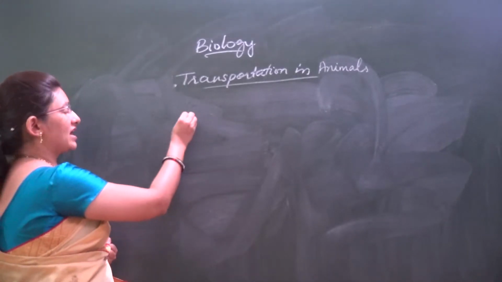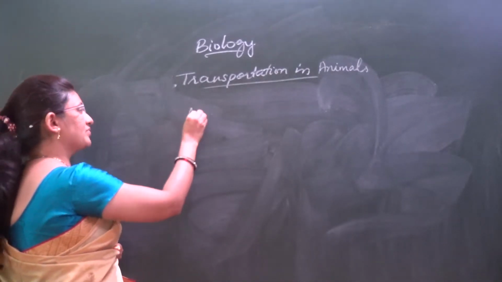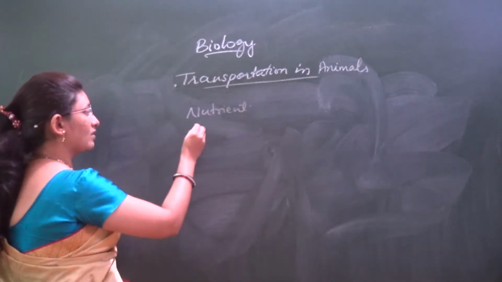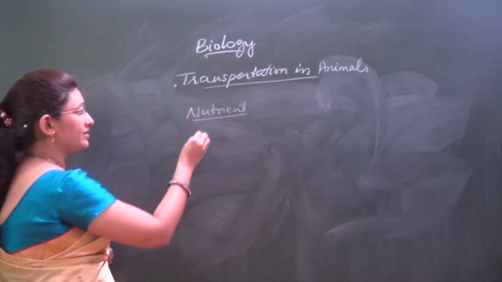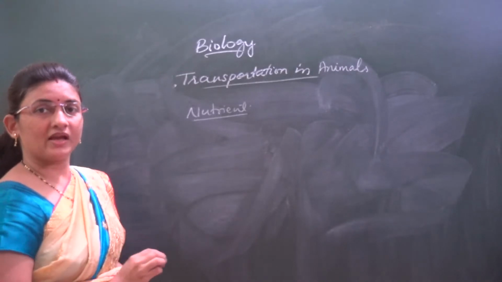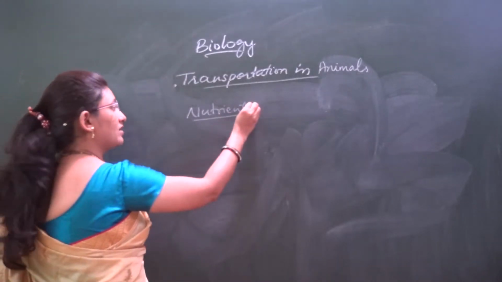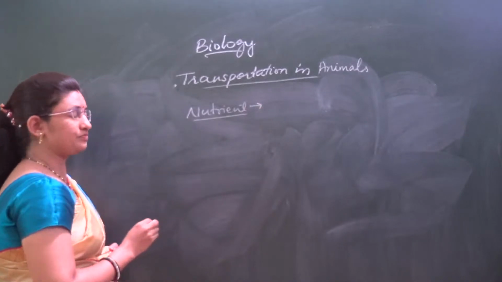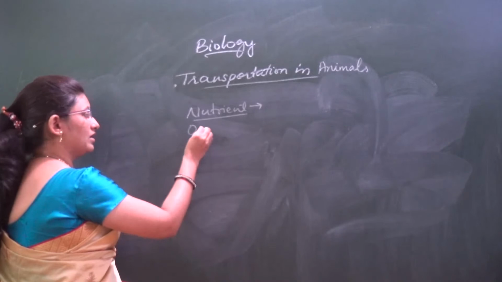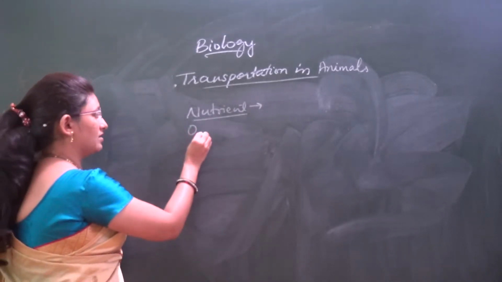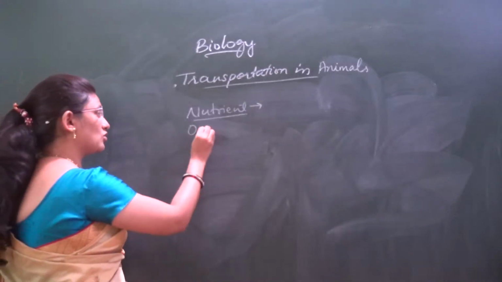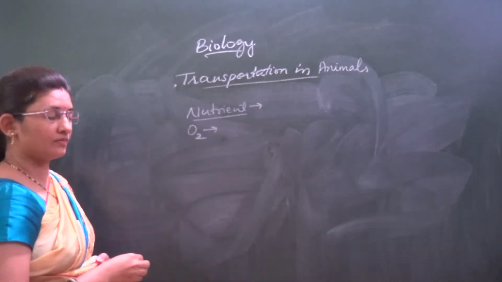First, most important, why is transportation required? Whatever food has been absorbed, the nutrients are present in the cell. This nutrient has to be supplied to each and every cell in the body, and for that supply we need transportation. The oxygen is present in the lungs. From the lungs it has to be taken to each and every cell. For that also we need transportation.